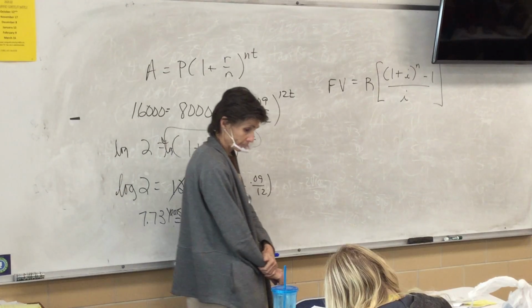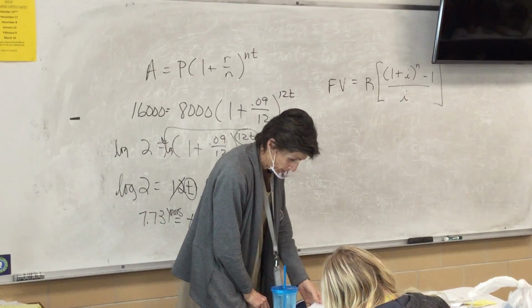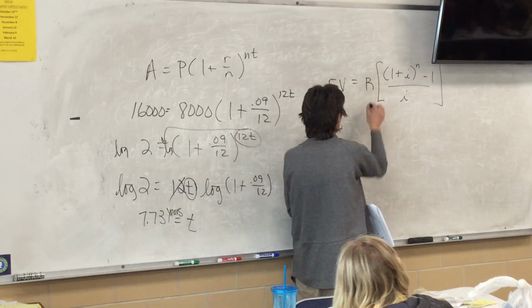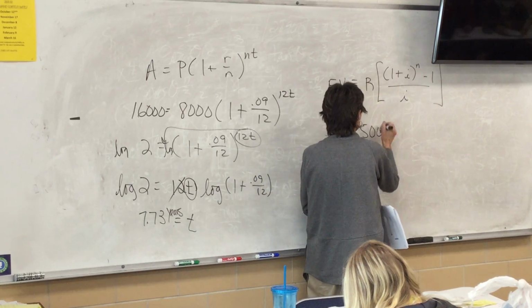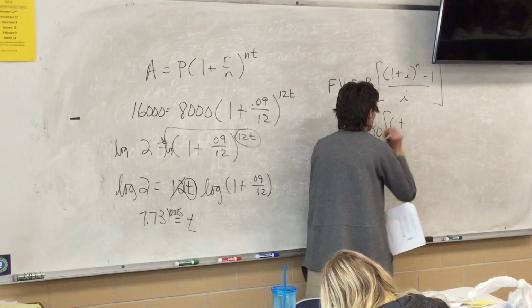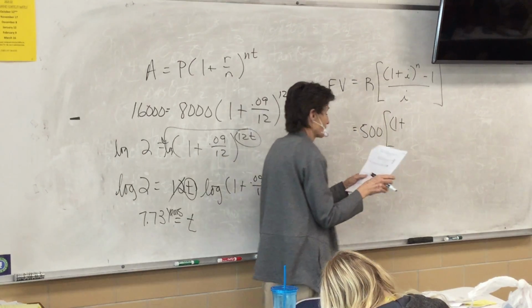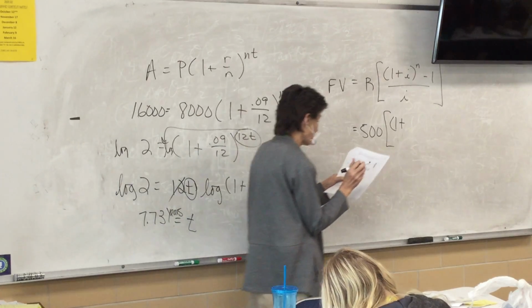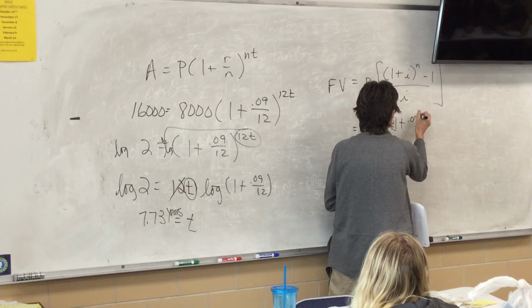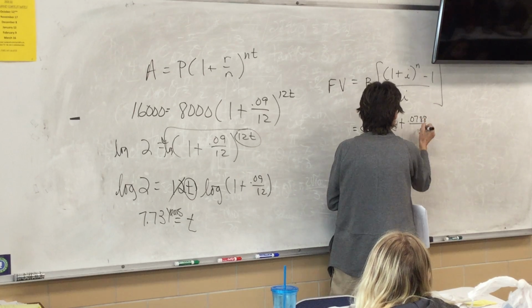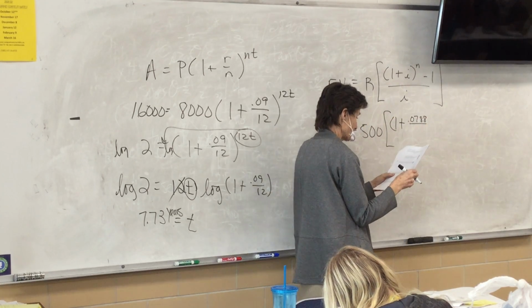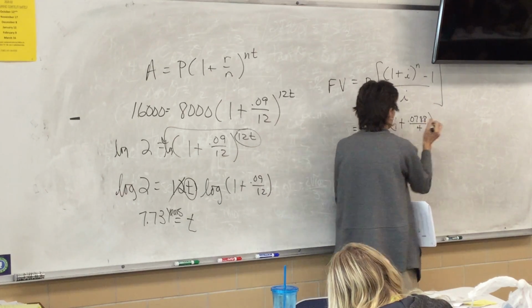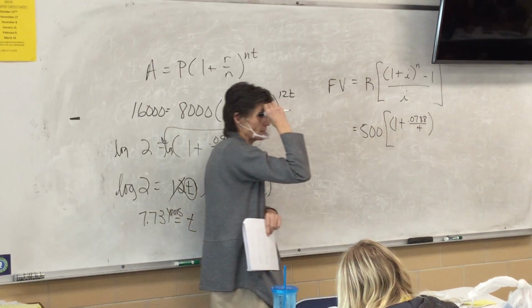Now, Emily makes a $500 payment. R is the payment, so 500 goes in there. The interest rate is 0.0788 divided by 4, because this one's quarterly.